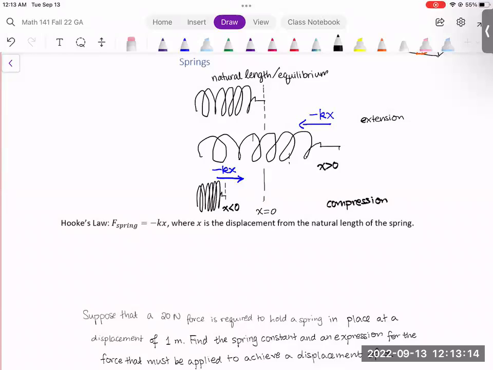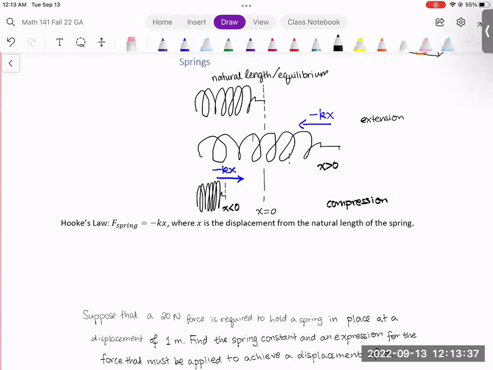And this restorative force is now directed to the right. Here x is less than 0, and we're multiplying by negative k, or a negative number times k, which is going to be positive. And so we end up with something positive, to the right.